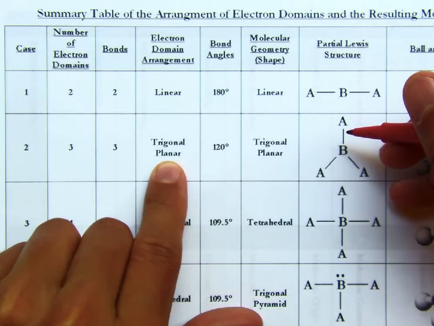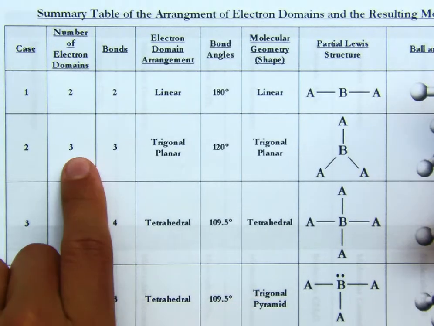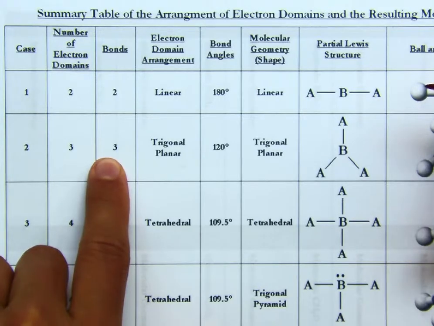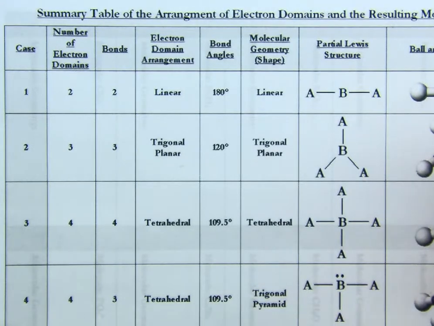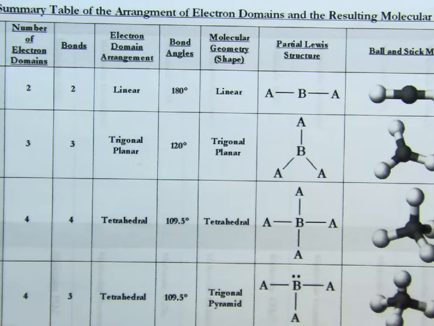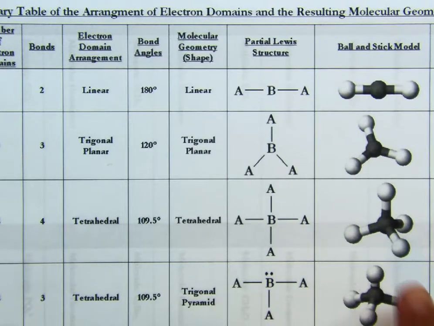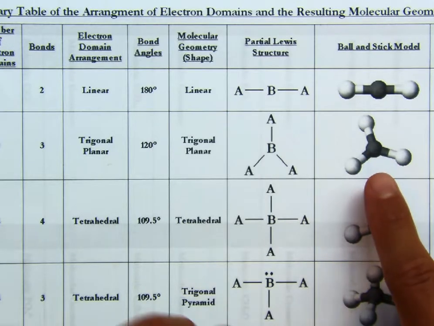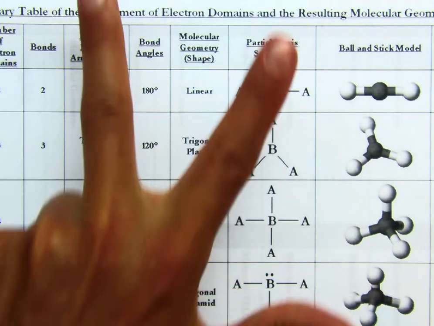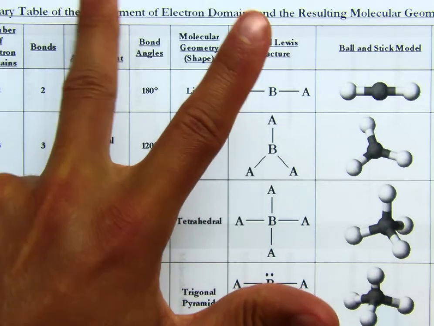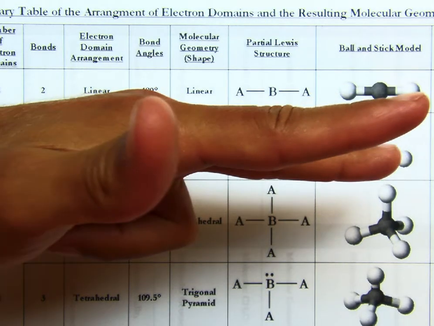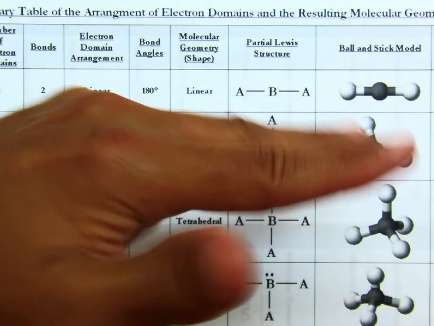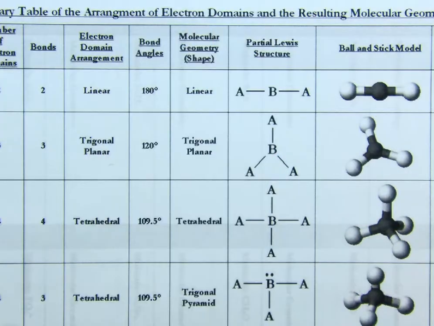This is what's called trigonal planar, when you have 3 domains and they're all bonding. You have a central atom connected to 3 things, and depending on how you view it, those 3 are flat. So you could turn it this way, and it would be flat on the page.